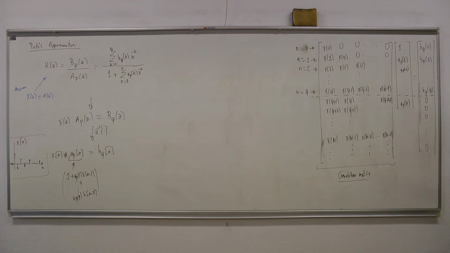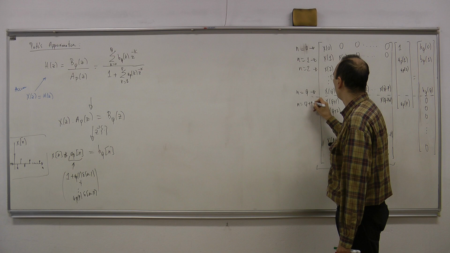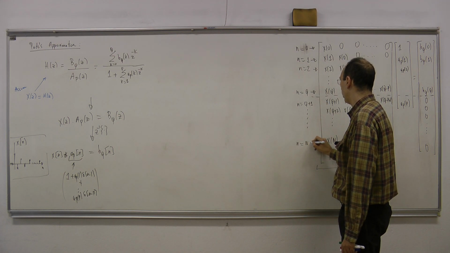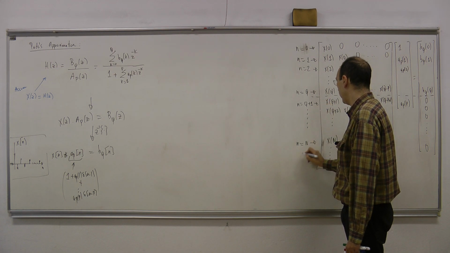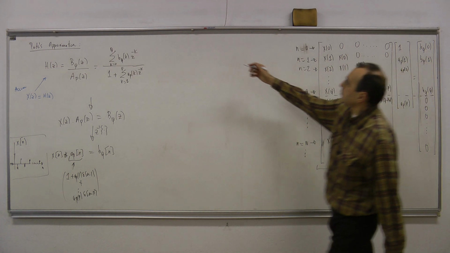In Pade's method, Pade observes the following. Now n is equal to q plus 1, and it goes up to n is equal to infinity.